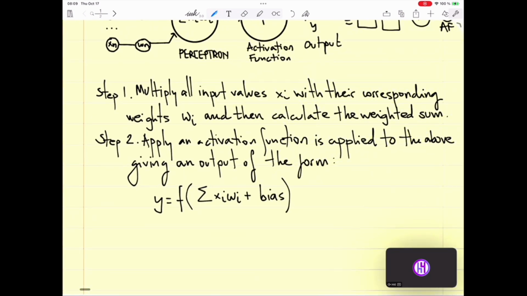This has the form of a line like this if we only have 2 dimensions, okay?